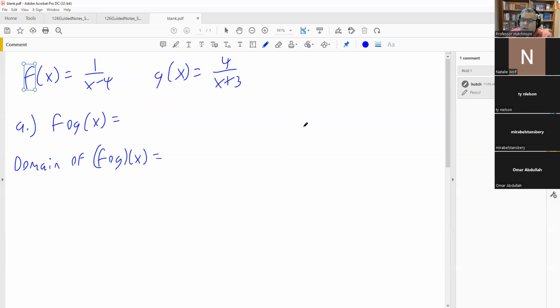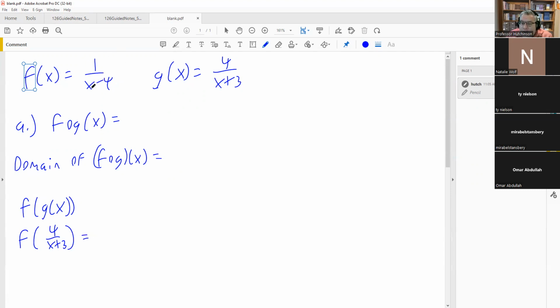So this is, again, one of the homework questions. This is similar to one that we just did earlier, but I want to go through it again just to make sure we understand how it works. In order to find f of g of x, we want to replace the g of x with 4 over x plus 3, and put this into the f function.